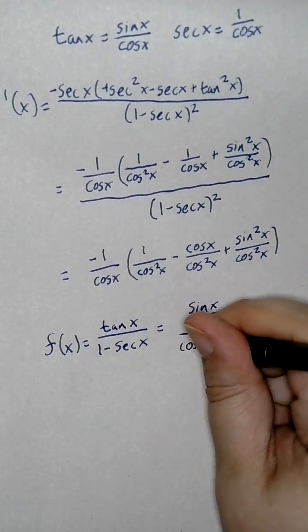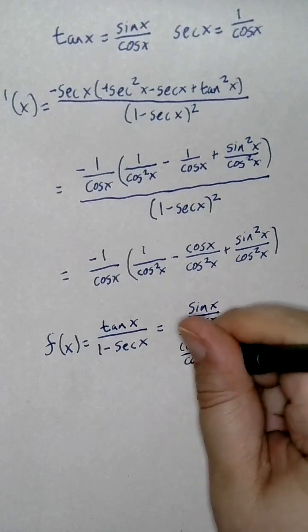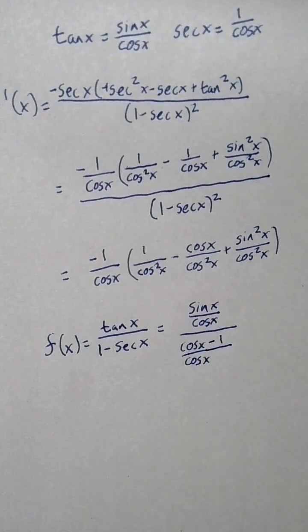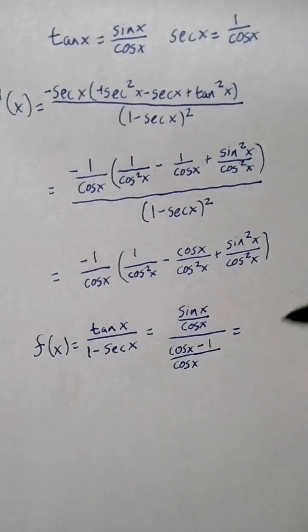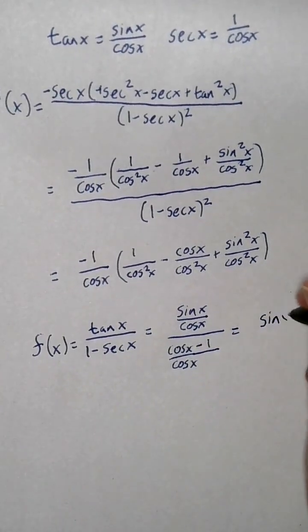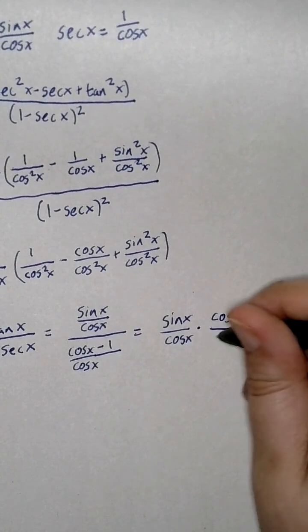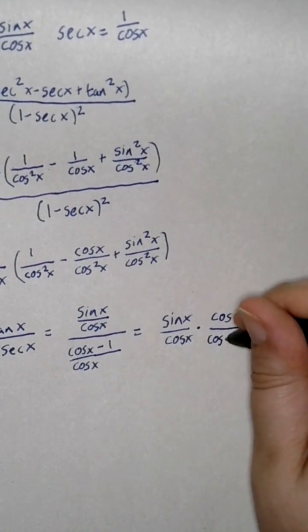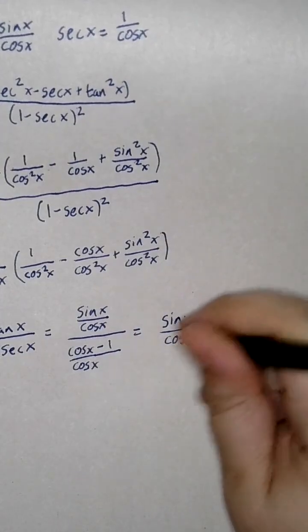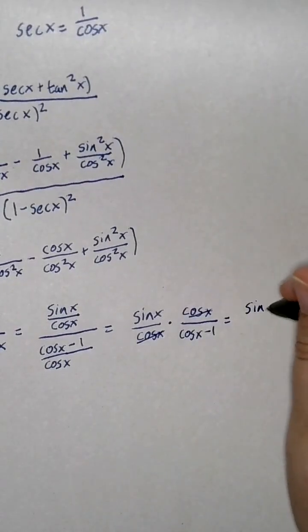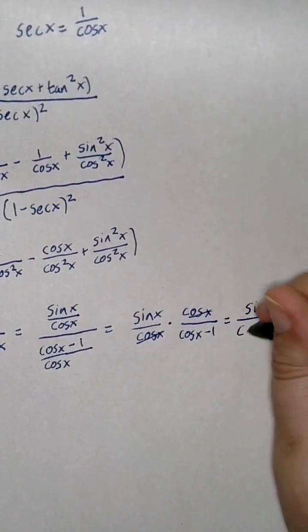So that's cosine over cosine. Cosine x minus 1 over cosine. So sine over cosine times cosine over cosine x minus 1. Cosines cancel. We say bye to those. And I have sine x over cosine minus 1.